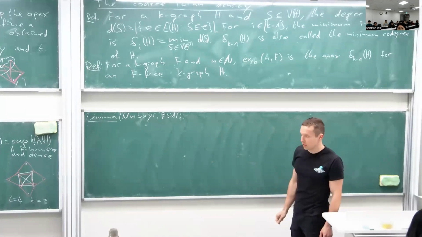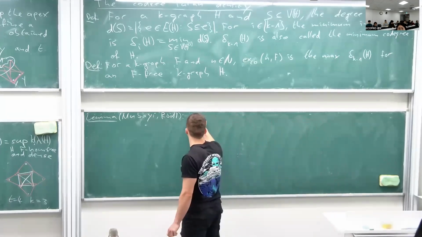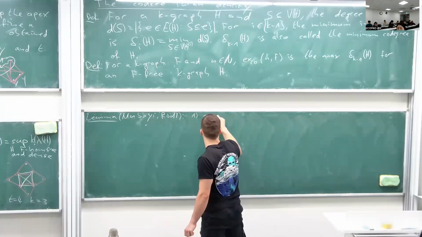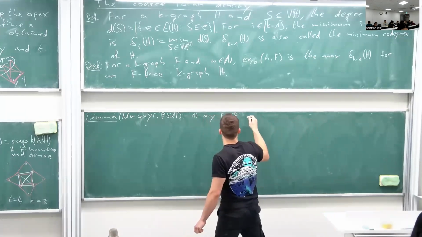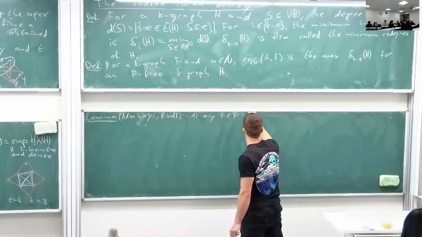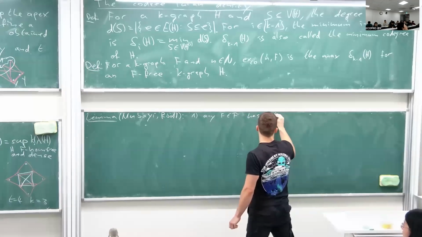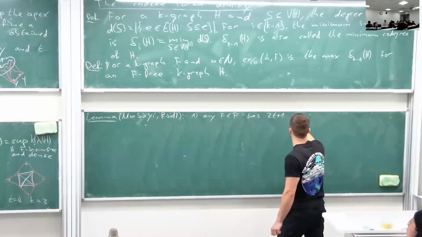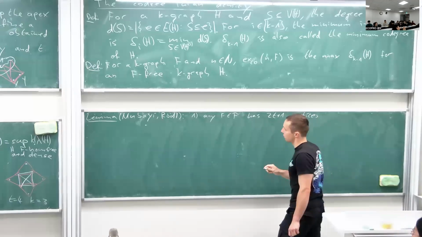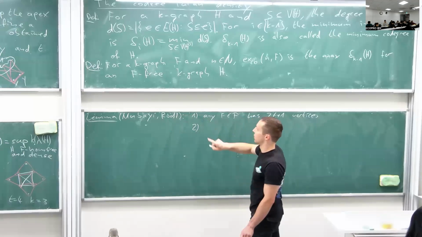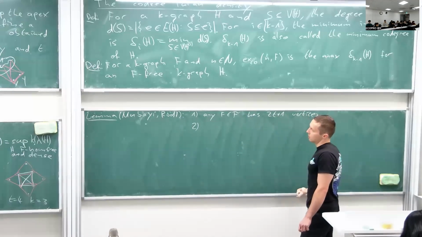And the properties are: one, just the number of vertices. That's 2t plus 1 vertices. That of course just follows by induction, but we just want to be able to refer to it.